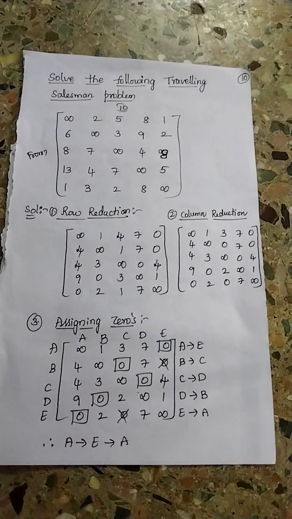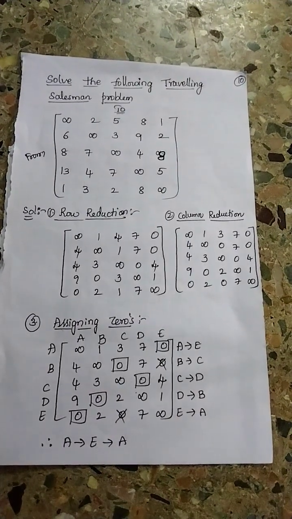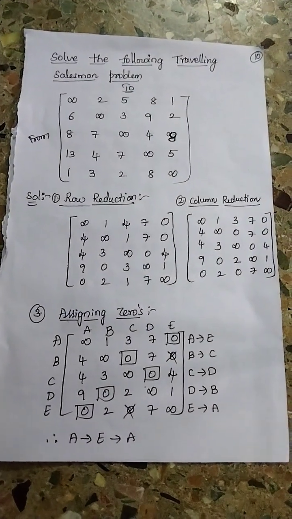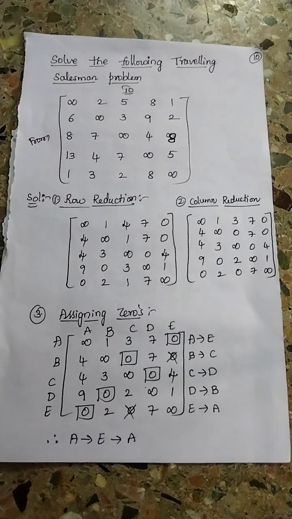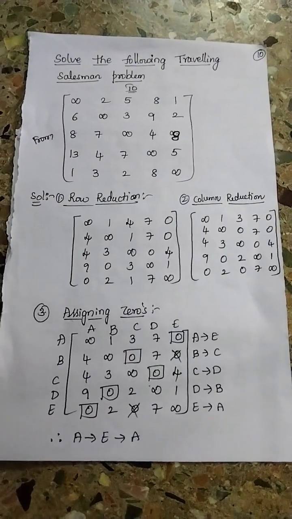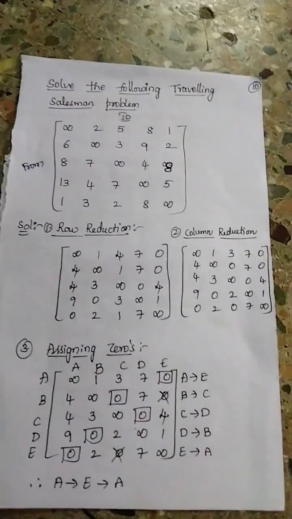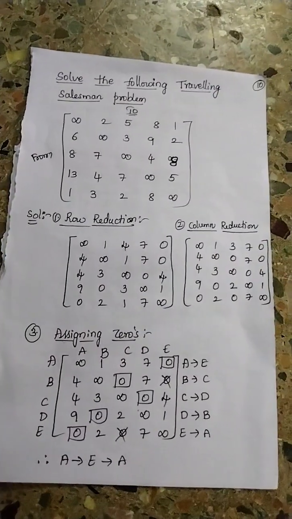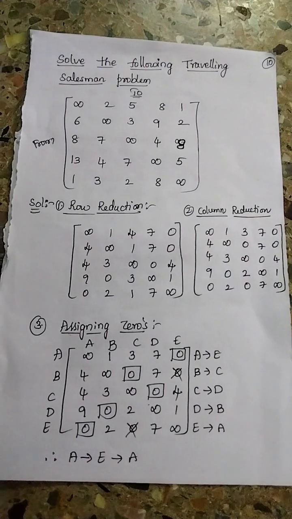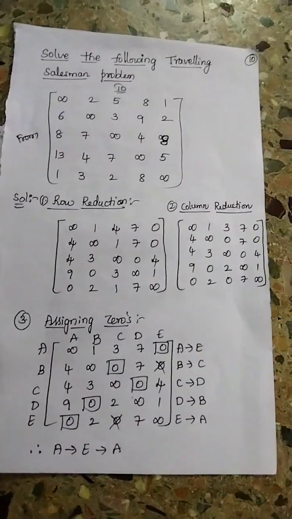That is, he has to travel once and only once to the other cities. That is the main condition in the traveling salesman problem. If he gets any broken route, we have to make it an unbroken route, and we are going to find out the traveling salesman problem.